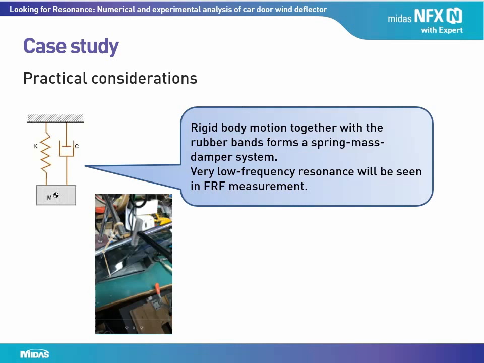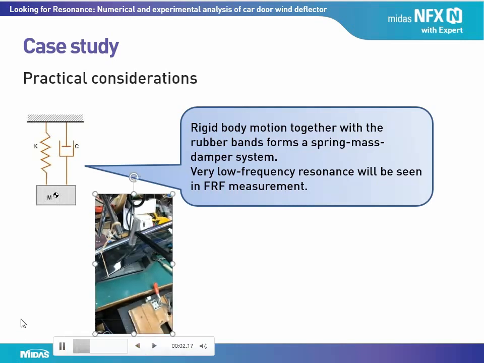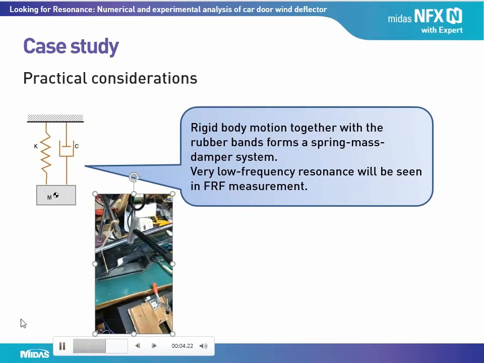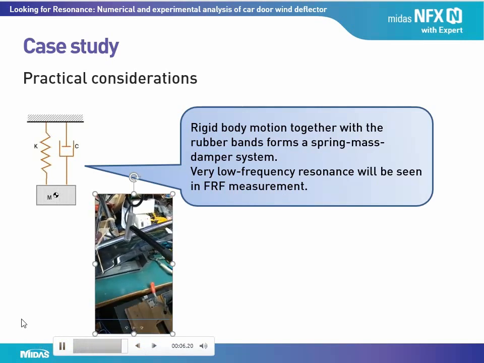We do not need to discuss them since they are associated with the rigid body motion. Here is the video clip of the motion. As you can see, the whole deflector moves up and down altogether.